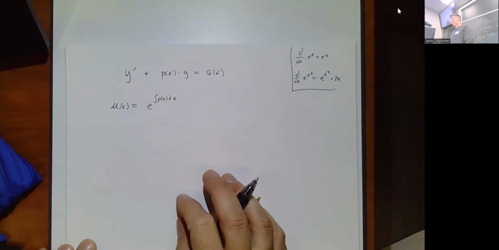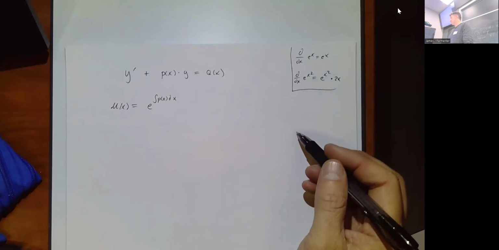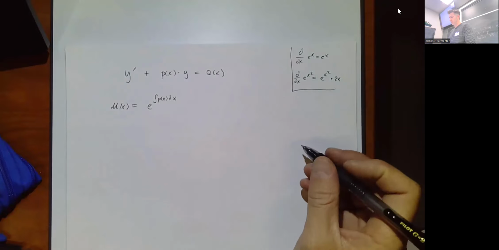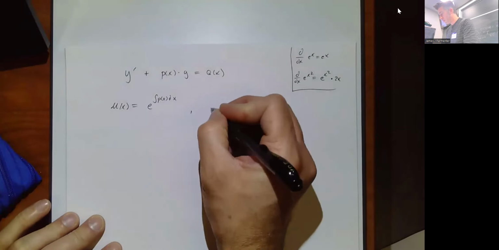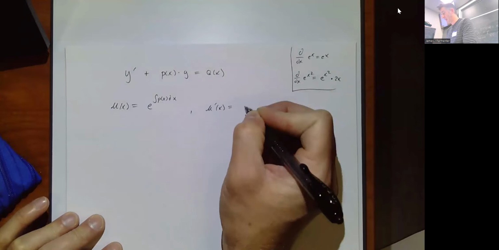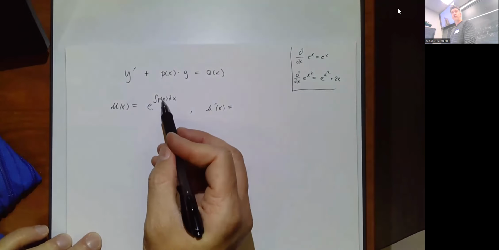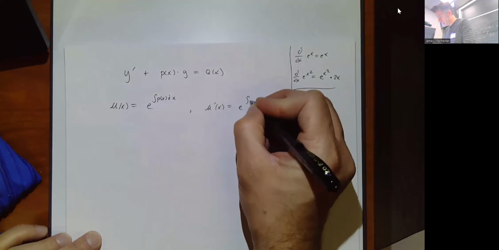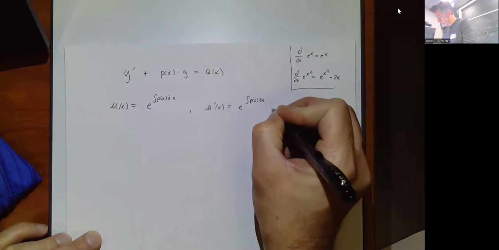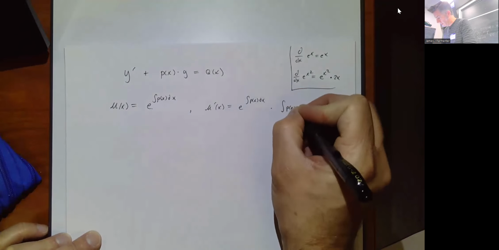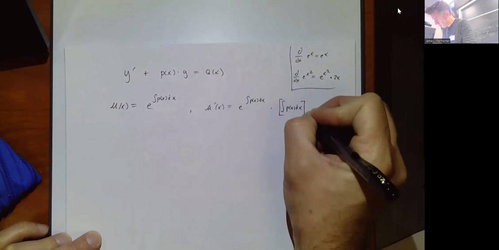Or in general, the derivative of e to the stuff is e to the stuff times the derivative of the stuff. That's how I've said it forever. So we want to find mu prime here. Check it out. The derivative of e to the stuff is e to the stuff times the derivative of the stuff.